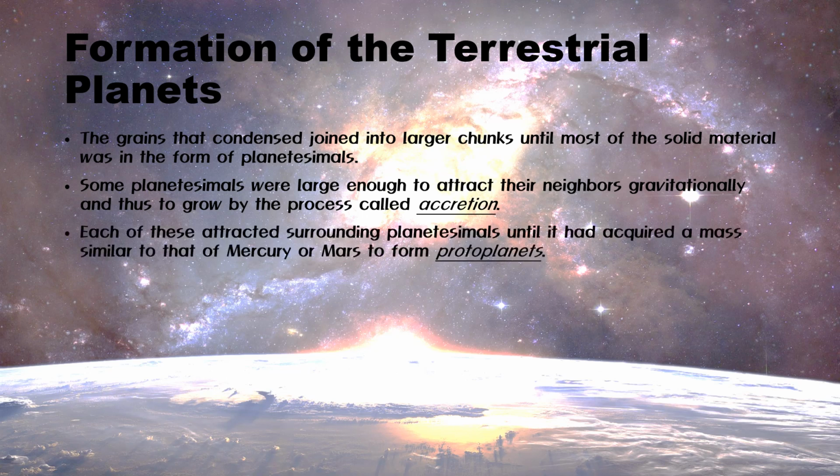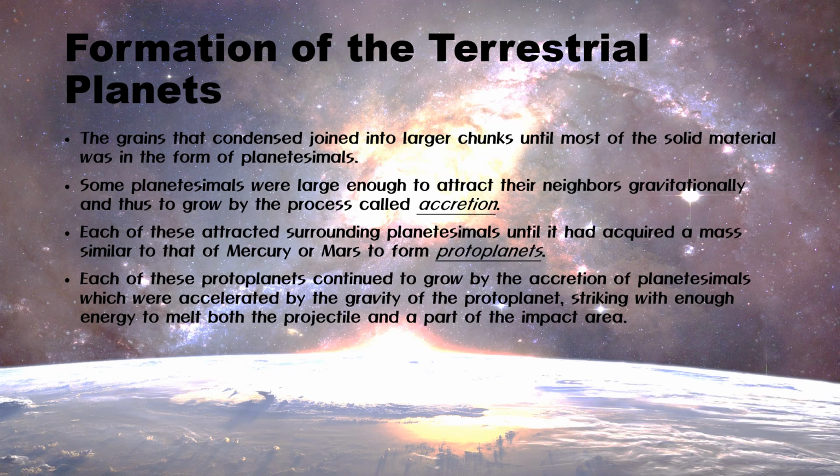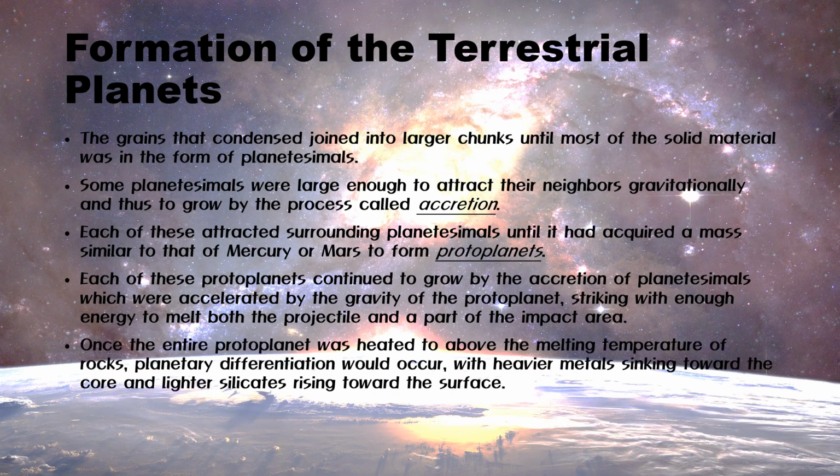Each of these attracted surrounding planetesimals until it acquired a mass probably similar to Mercury or Mars, forming protoplanets. Each protoplanet continued to grow as planetesimals were accelerated by its gravity, striking with enough energy to melt both the projectile and part of the impact area. Once the entire protoplanet was heated above the melting temperature of rocks, planetary differentiation would occur, with heavier metals sinking toward the core and lighter silicates rising toward the surface.